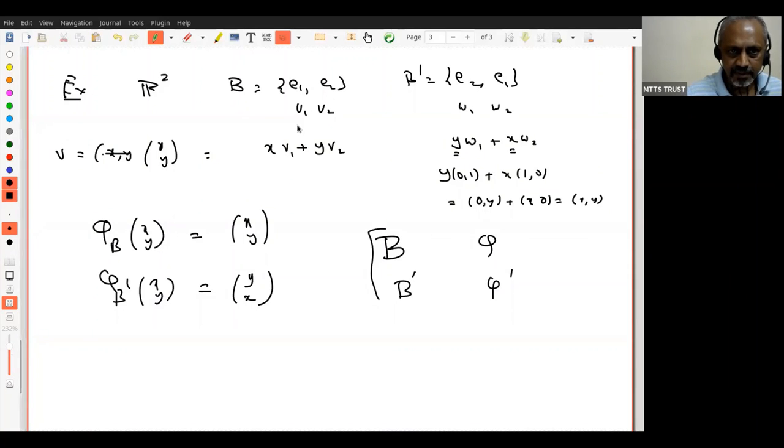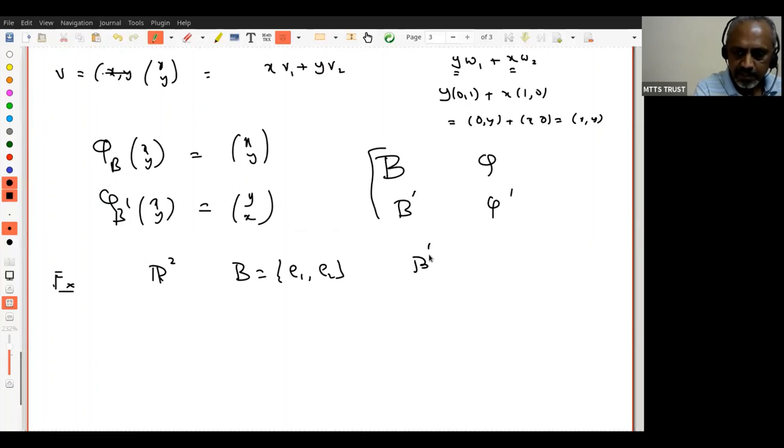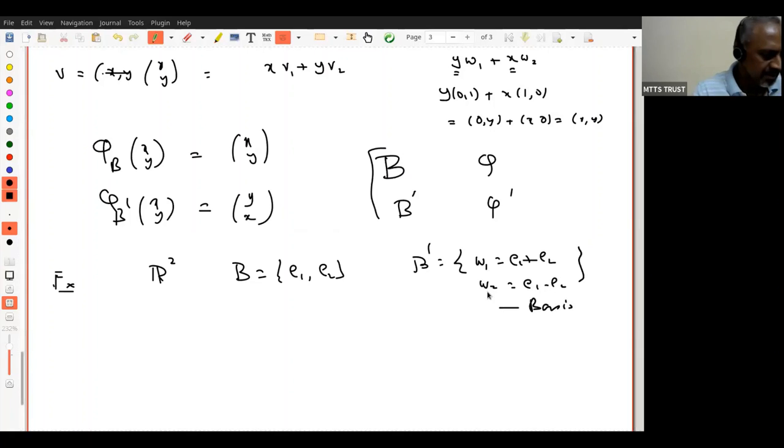Let's look at one more example, slightly more involved. Same R^2. Let me take the basis again as the standard e1, e2. This is the standard ordered basis. And for B dash, let me take w1 equal to e1 plus e2 and w2 equal to e1 minus e2. This is a basis, as in a minute you will see.